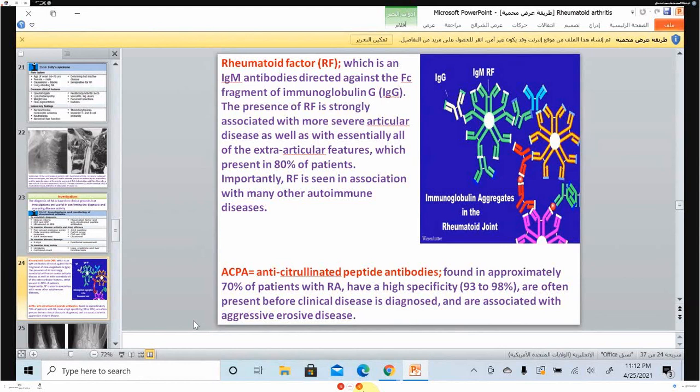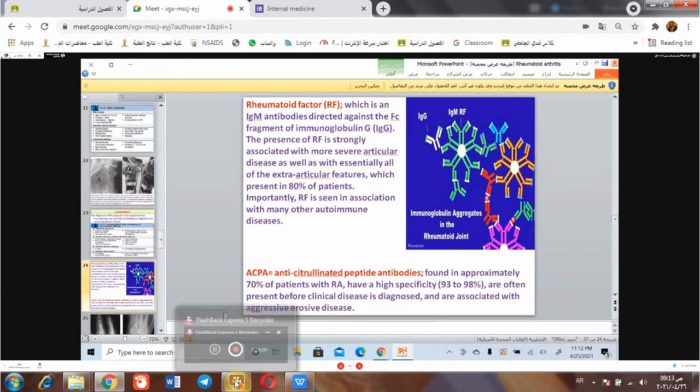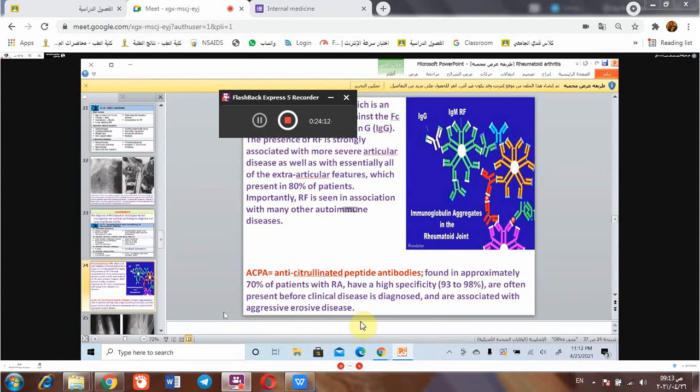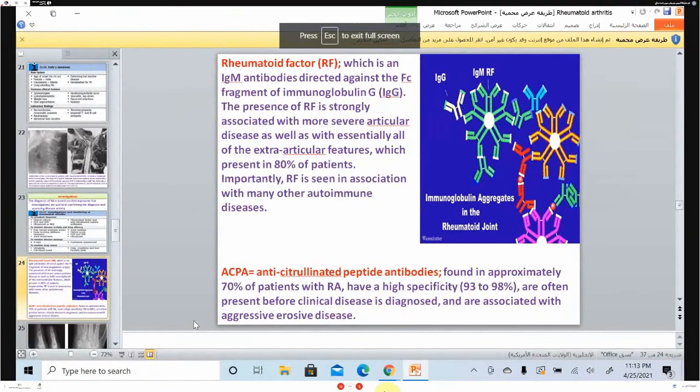It is present in 80% of patients. Importantly, rheumatoid factor is seen in association with many other autoimmune diseases. So it is not specific. Its sensitivity is 80%, but it is not specific; we may see it in other autoimmune diseases. The anti-citrullinated peptide antibody is somewhat specific, it helps us determine that this rheumatoid factor is related to rheumatoid arthritis.